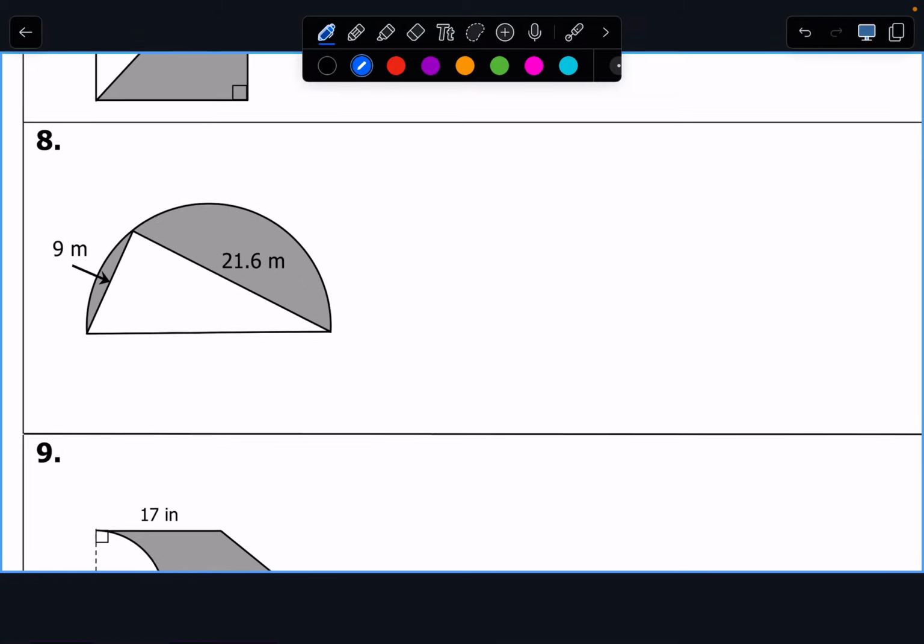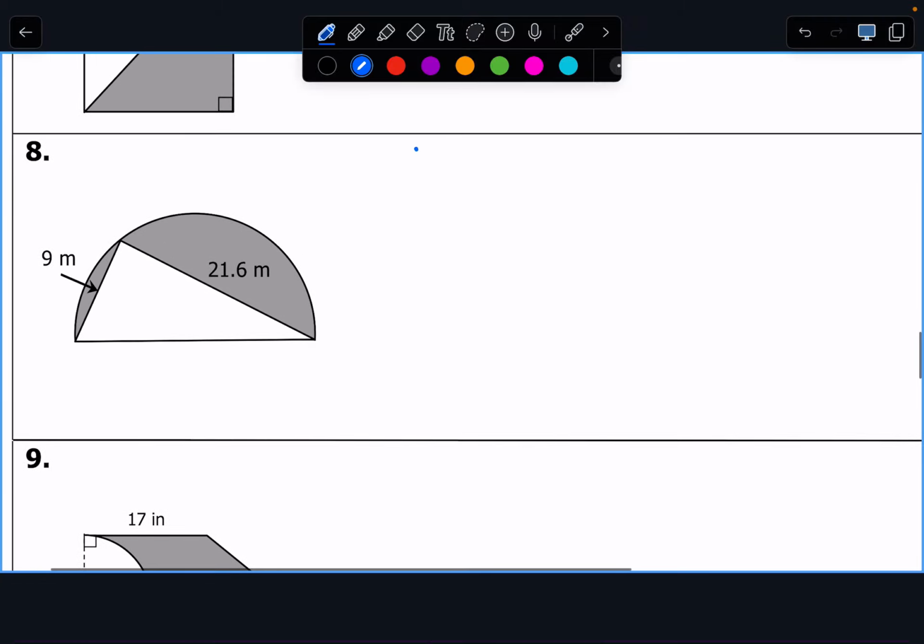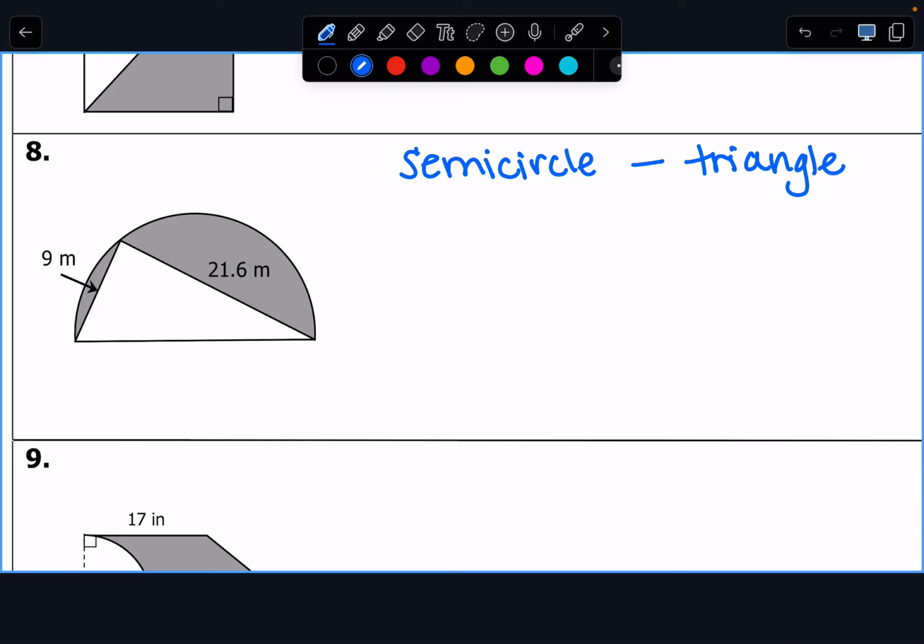Okay. What's the whole shape? Okay, a semicircle. And then we need to subtract out. What kind of triangle is that? How do you know it's a right triangle? Oh, do you remember that whole chapter we did just a week ago? 30, 60, 90.